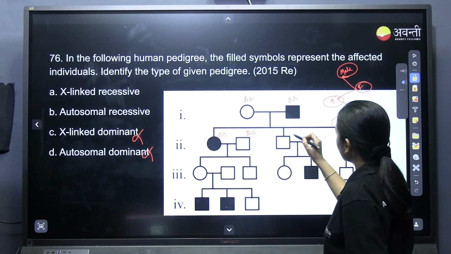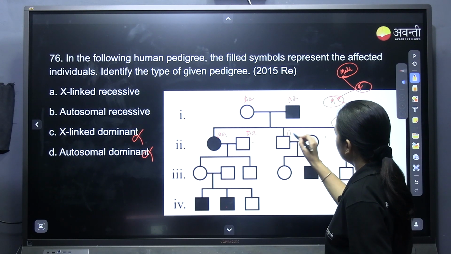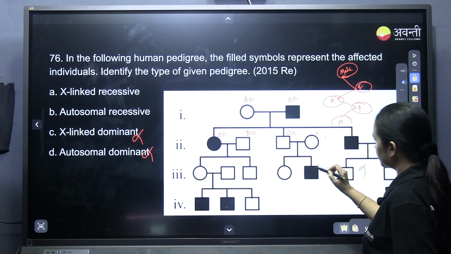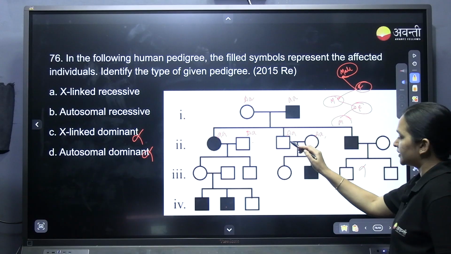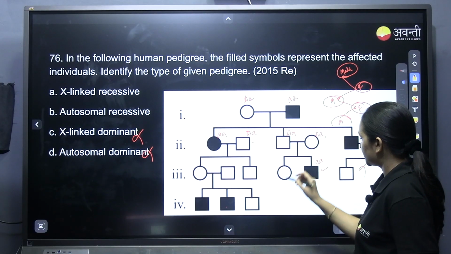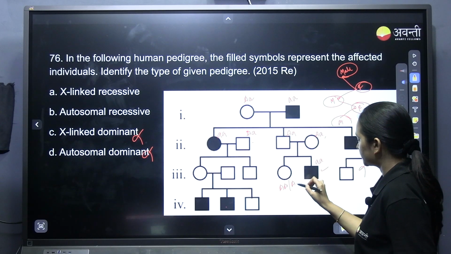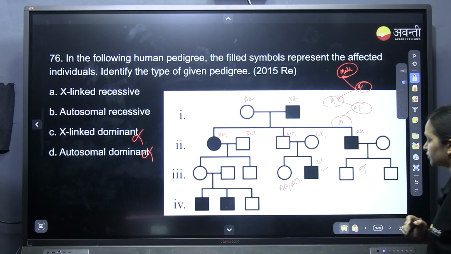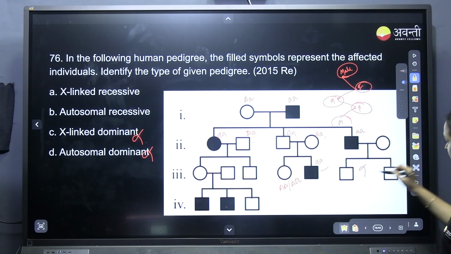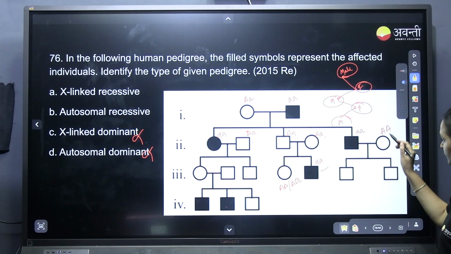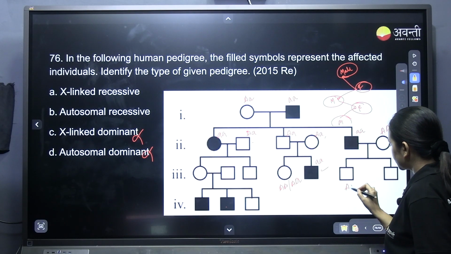So this could be the condition, they might be all carriers here. If she is affected, then the one she is marrying is also a carrier, which means he is affected. This person can be capital A capital A or capital A small a. So he is affected, so he is small a. He is marrying, nobody is affected here, so she will be definitely the normal one. So these are all carriers.